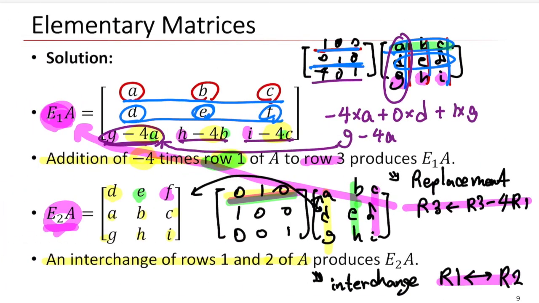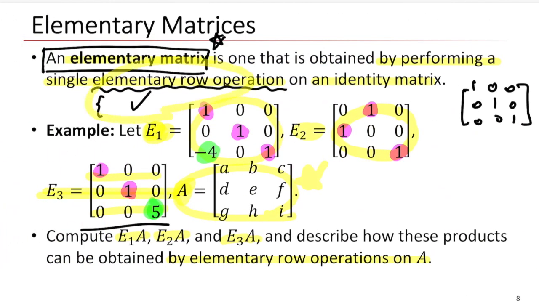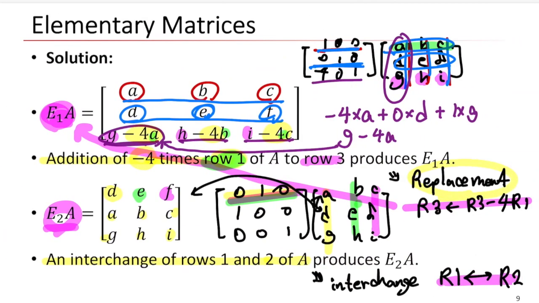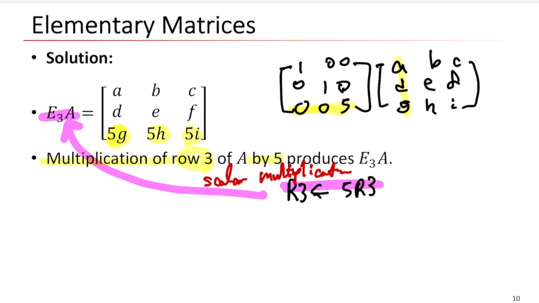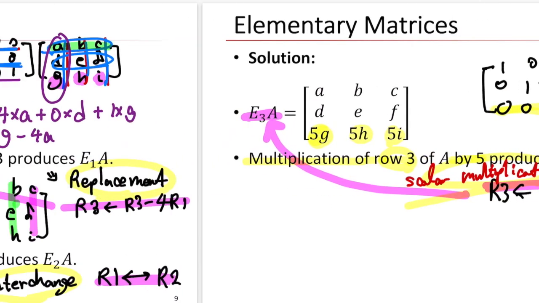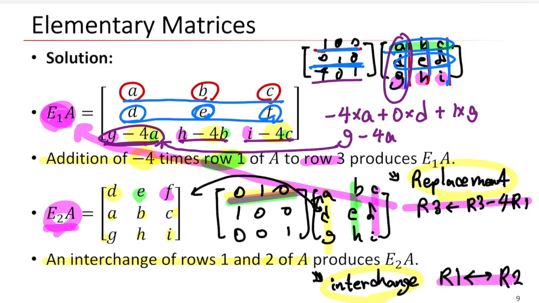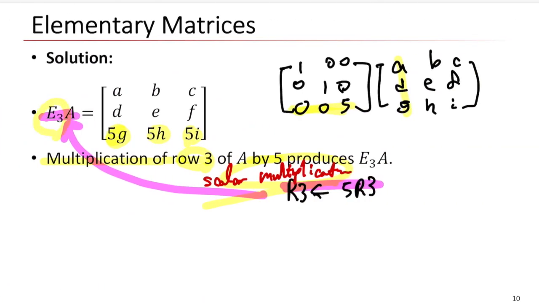So to summarize, the three kinds of elementary row operation: replacement, interchange, and scalar multiplication can be represented by E1, E2, or E3. So it means that by using these elementary matrices, we can row reduce an arbitrary matrix A in a matrix space.